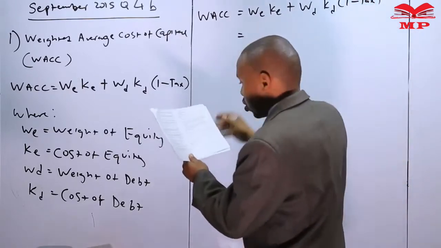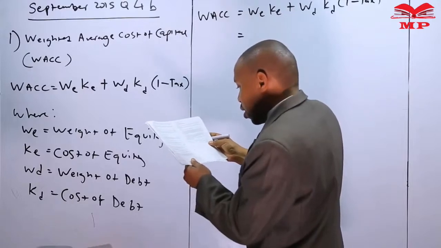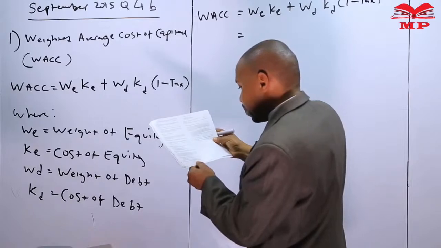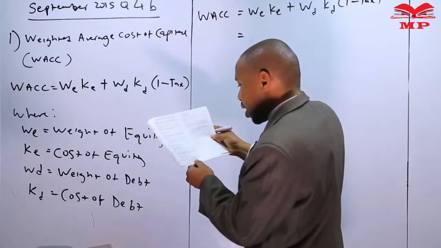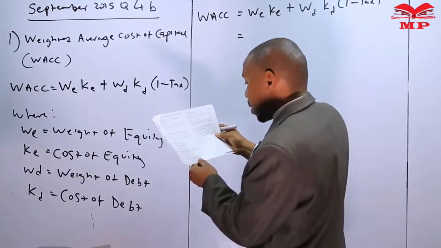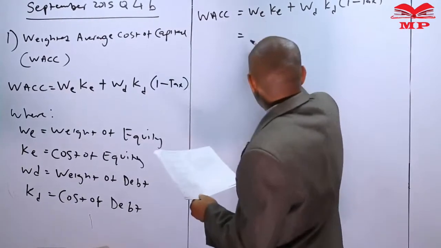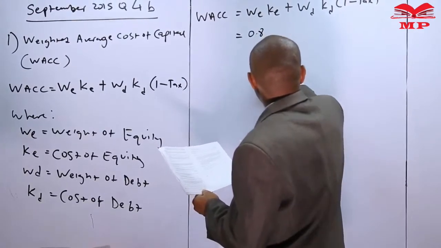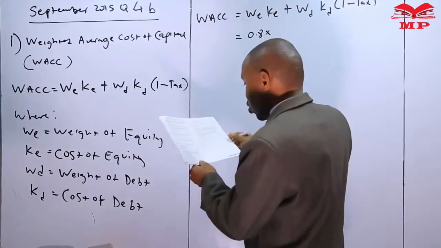What is the weight of equity? On the third paragraph there, we've been told that the target capital structure consists of 20% debt financing and 80% equity financing. So we come here and put, you convert it into decimals, 0.8, which is 80%, you multiply that by the cost of equity.